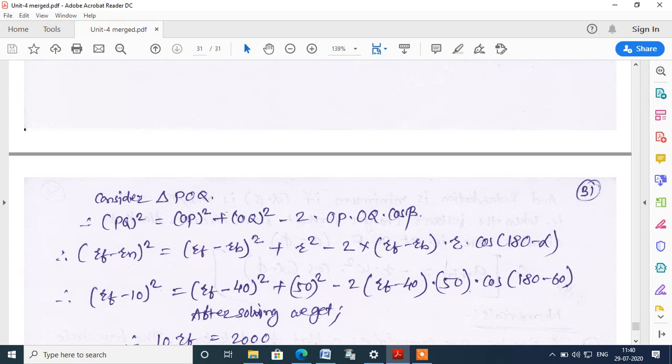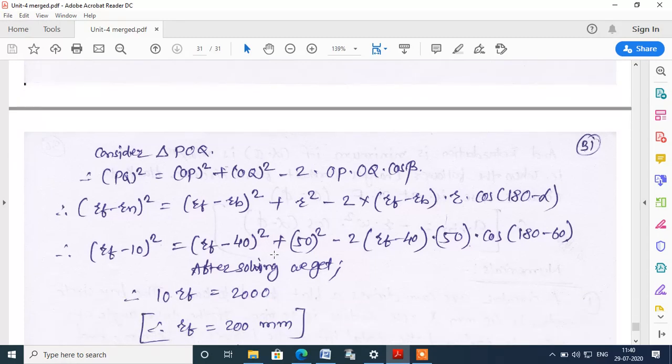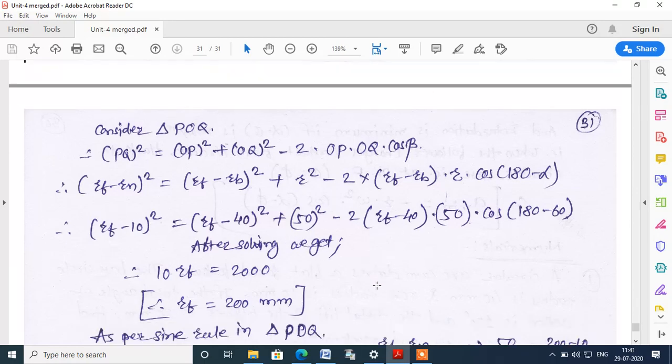PQ is nothing but RF minus RN, so it is (RF minus RN) square. OP is RF minus RB, so it is (RF minus RB) square. OQ is R, so R square minus twice OP, that is RF minus RB, into OQ, that is R, cos of beta, where beta is 180 minus alpha. Alpha is 60 degrees, as we calculated. Just put the values of RN, RB, and R. RF we don't know, so we have to calculate RF.